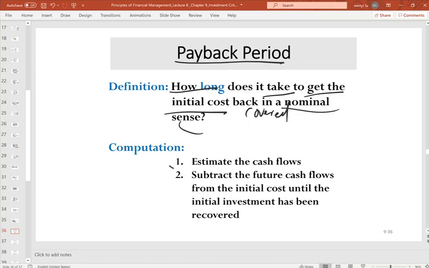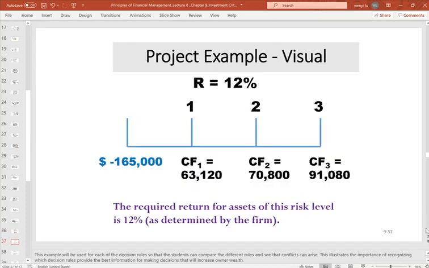We will first estimate the cash flows. Then we will subtract the future cash flows from the initial cost until the initial investment has been recovered. Let's see the detail. For example, this is your initial cost, and this is your future cash flows at time 1, time 2, and time 3.